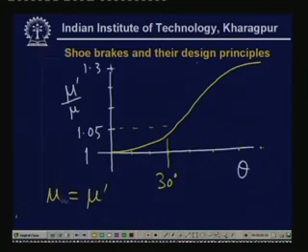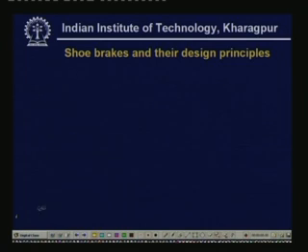So, now we know what the friction force is and what the equivalent coefficient of friction is, and while designing such shoe brakes we should use the equivalent coefficient of friction. Now, let us come to the brake again. This is the brake, and we have a shoe over here.